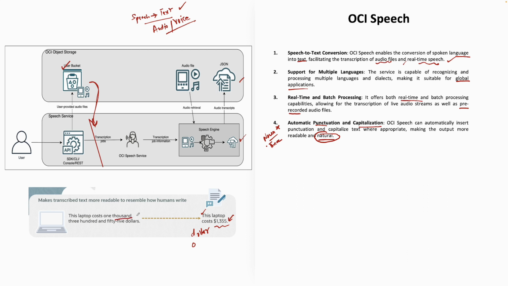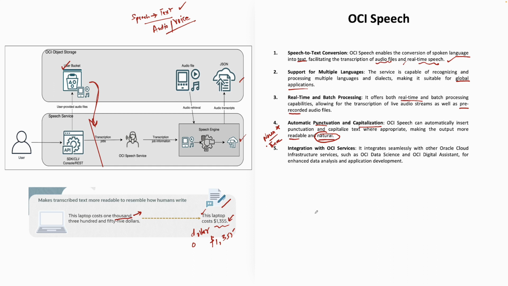It's not doing it like that, because it understands that when humans speak, or when a human writes, he or she would put it in figures, not in the actual format where you write in words. You never write money or numerical things in words. That's why it makes the output more readable and natural. So this is more natural, if you see.